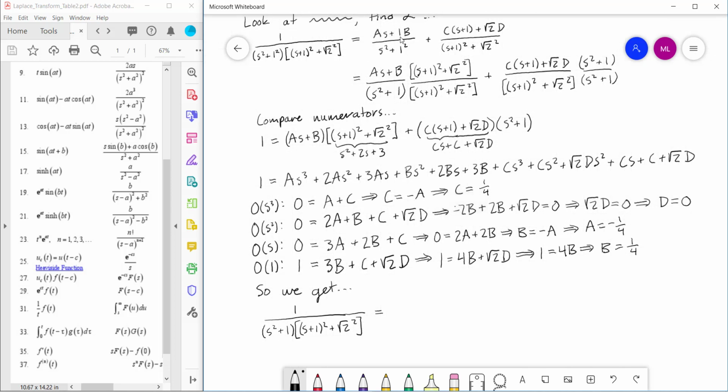It can be rewritten in this form right here with the values of a, b, c, and d that we just picked out. So the a value is going to be multiplied by s over s squared plus 1, and a was negative 1/4.